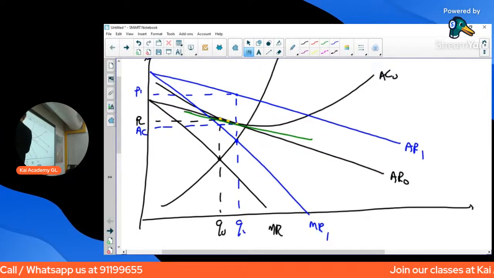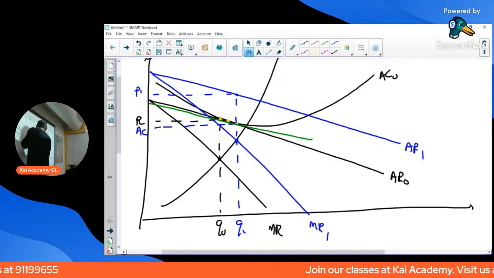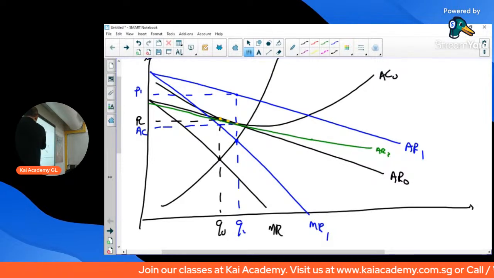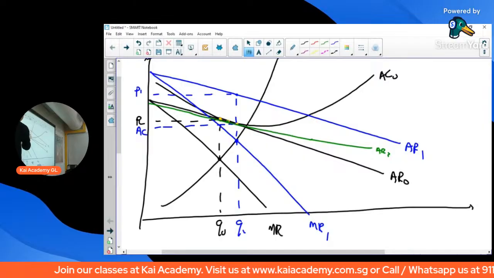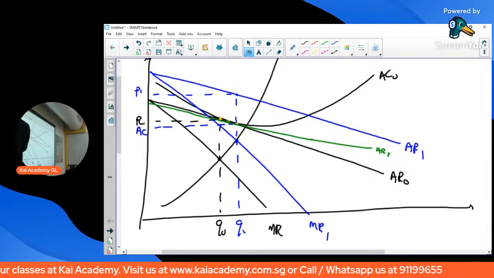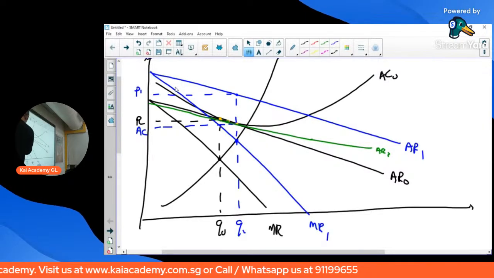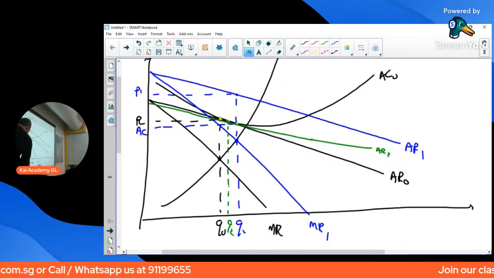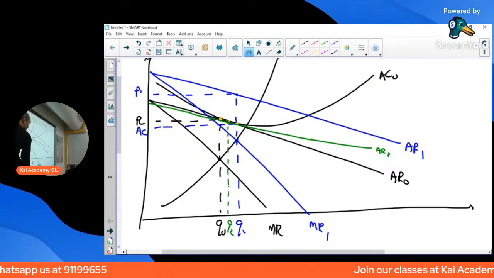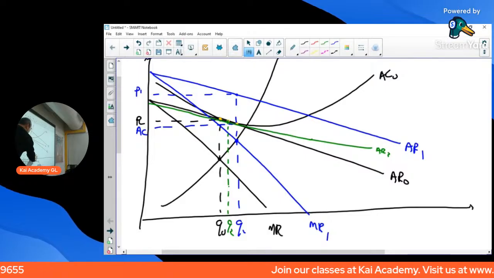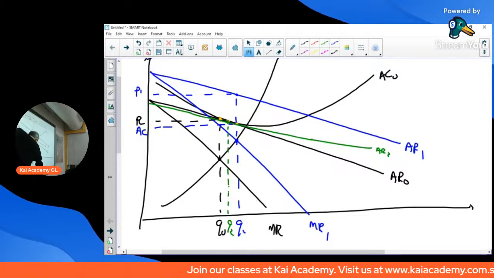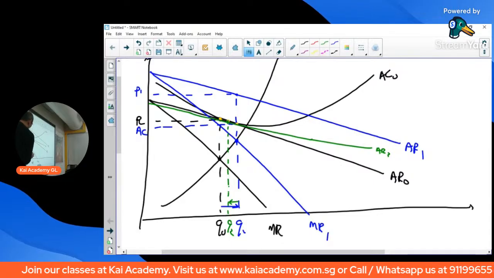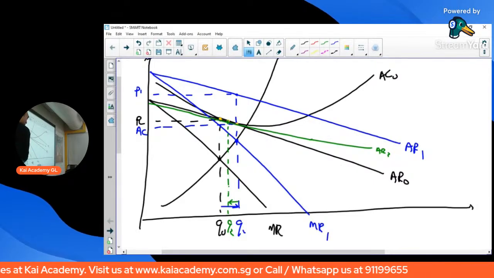right? So my new AR2, because it has to be less steep, has to be tangent to the AC at a point further to the right, which means, here's the tricky part, that the Q2 now will lie somewhere between Q1 and Q0. That means the initial increase in demand pushes us to Q1, but when it pushes back, it pushes back only to Q2, doesn't go all the way down to Q0.